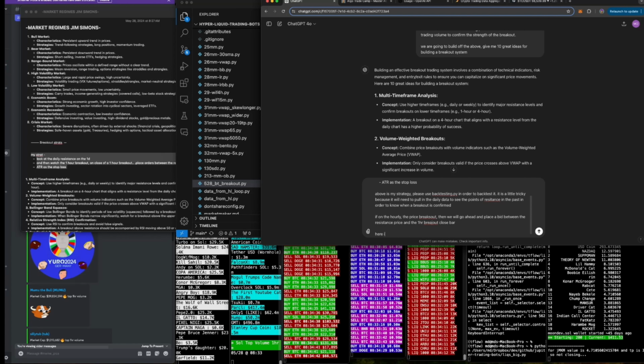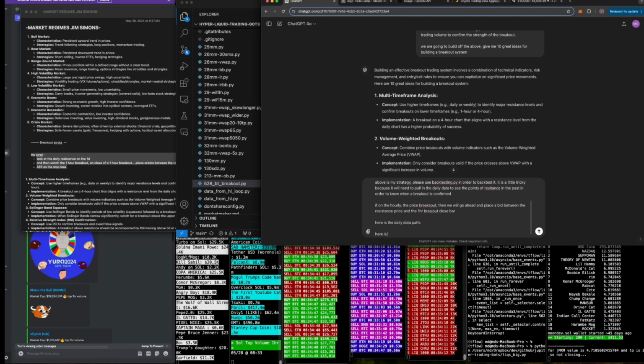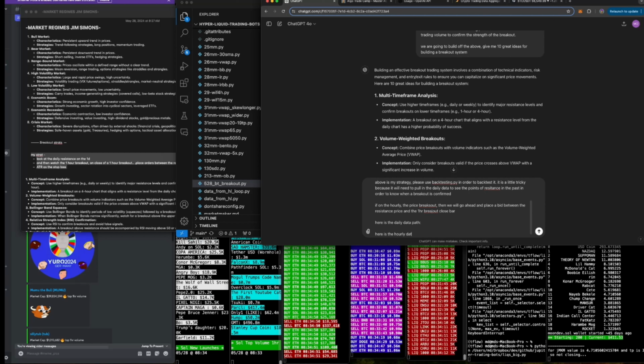Here is the daily data path. Here is the hourly data path.